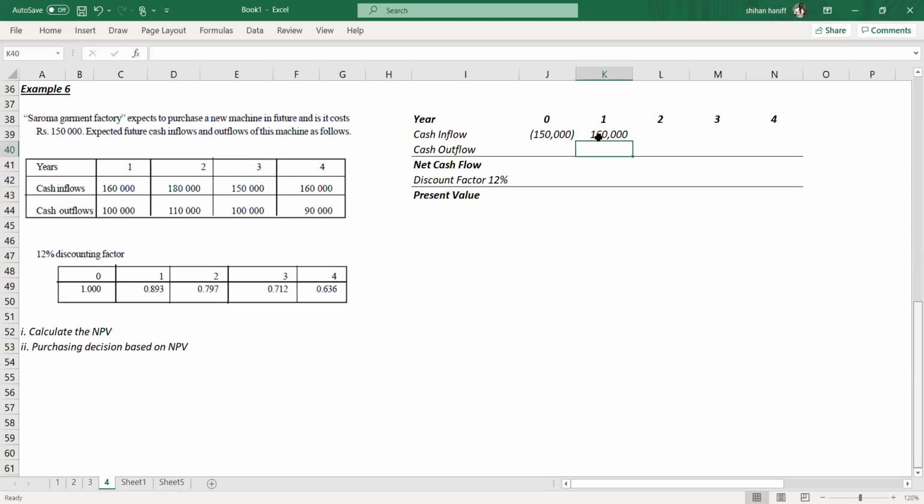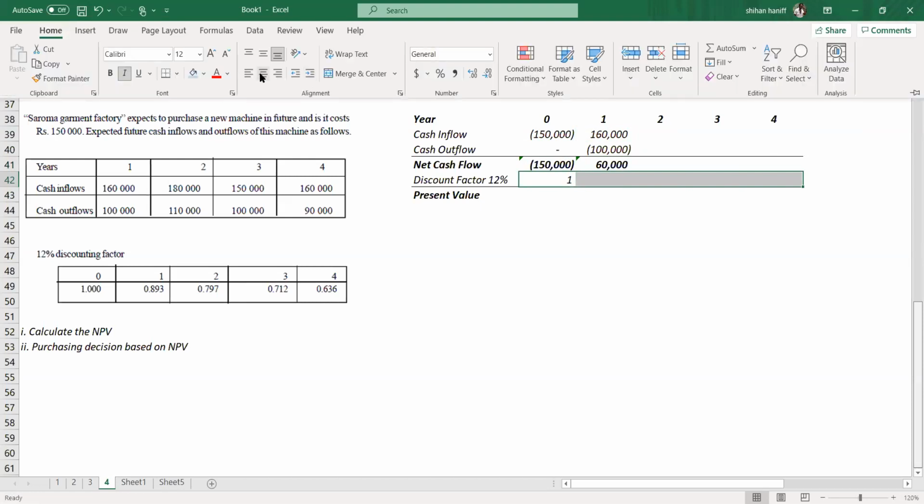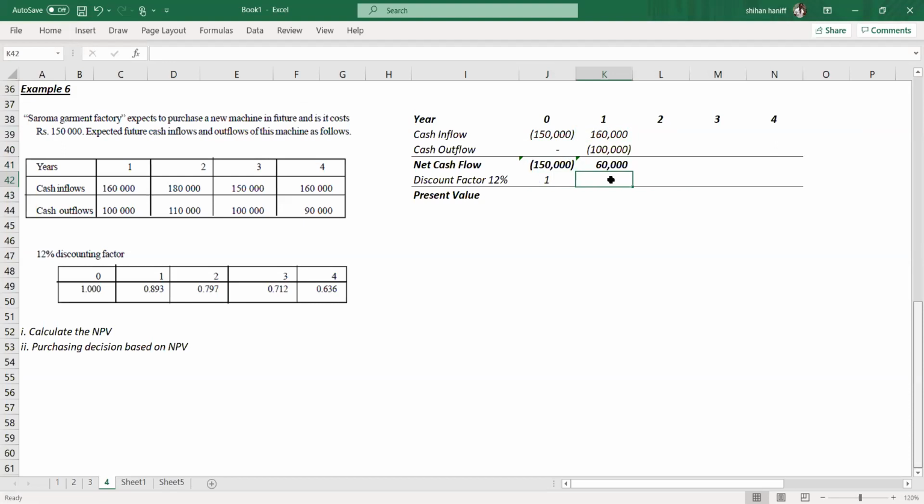Cash outflow is 100,000. So net cash flow is 60,000. Year 0 it's minus 150,000. Discount factor 0.890, 0.797.